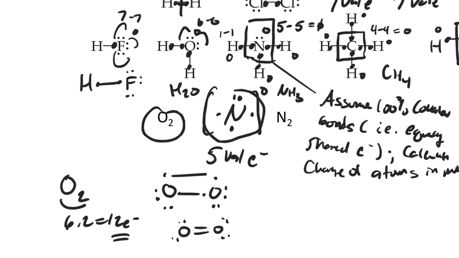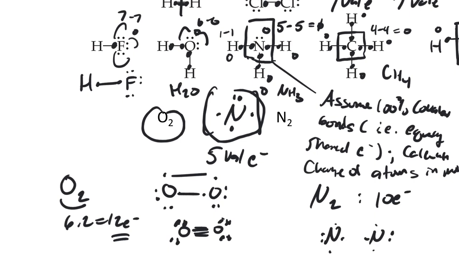When I see 12 electrons, my proper Lewis structure should show 2, 4, 6, 8, 10, 12 electrons. N2 should have 10 electrons, 2 times 5. Nitrogen forms a triple bond. Notice that for oxygen, the double bond gives each O 8 electrons, satisfying the octet rule, and also 0 formal charges.